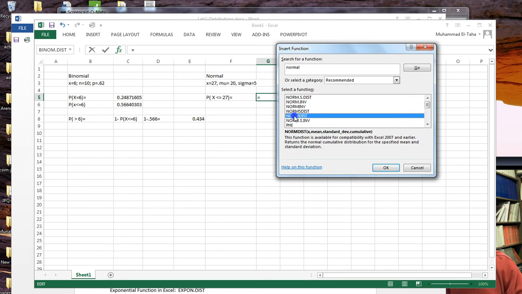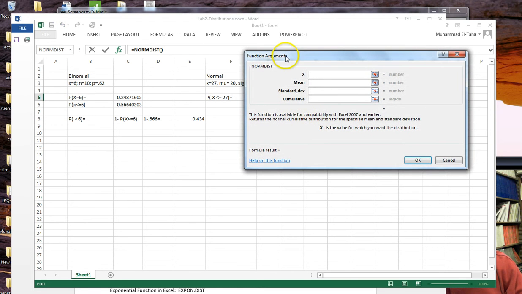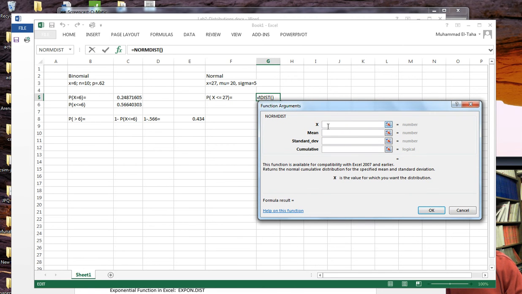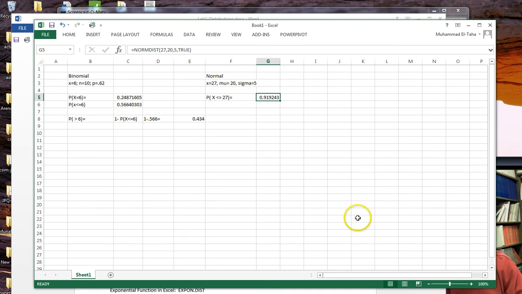So this is the one I want. In this case x is 27, the mean is 20, and my standard deviation is 5, and I want this to be TRUE, and you can see I got an answer immediately here. So if I click OK, that would be fine.